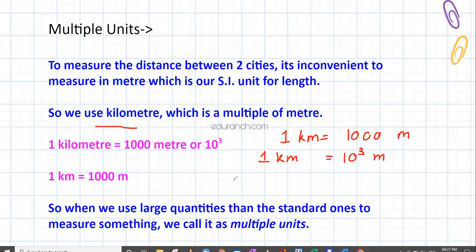Now, what is the meaning of 10 to the power 3? So 1,000 means 10 times 10 times 10, right? If you multiply 10 three times, you get 1,000. So we are multiplying 10 three times and we write it as 10 to the power 3.